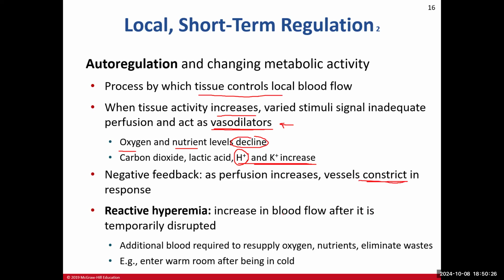So you can see this in reactive hyperemia. Well, you don't see it down here as much, but you see it up north all the time. Somebody will be outside where it's freezing cold, and they step into a nice house that's like 75, 80 degrees inside, and you'll see their face get red and flushed.